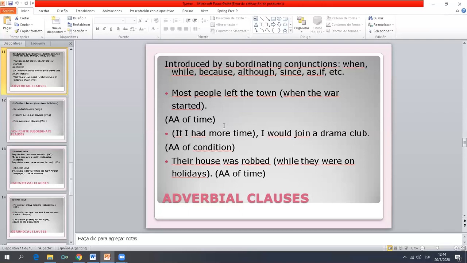When we go inside the clause, we would say they is the subject, were is the linking verb, on holidays would be an adverbial complement, but while performs no function within the clause. We will just write it is a subordinating conjunction.